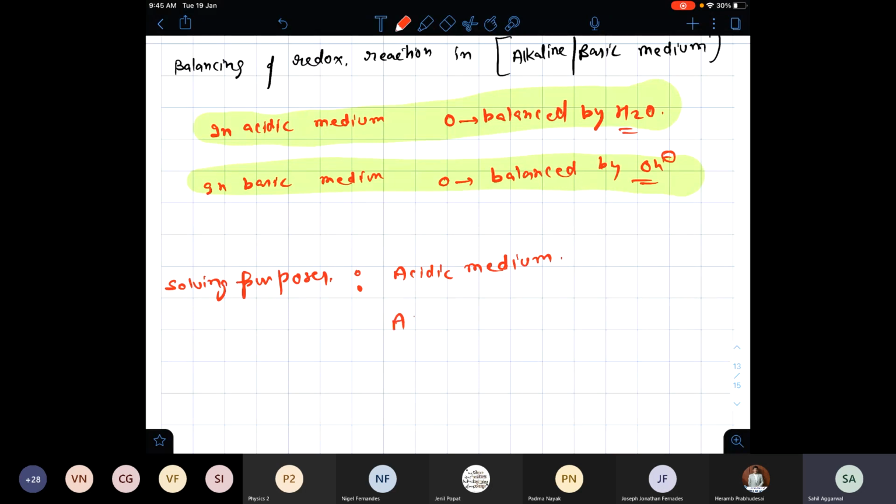At last, neutralize all H plus by adding OH minus ion on both sides.